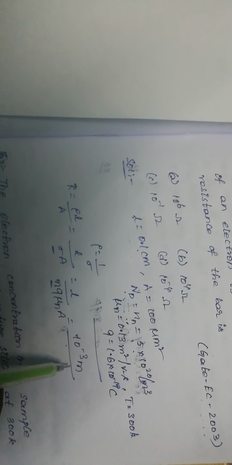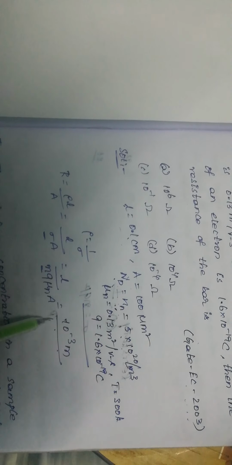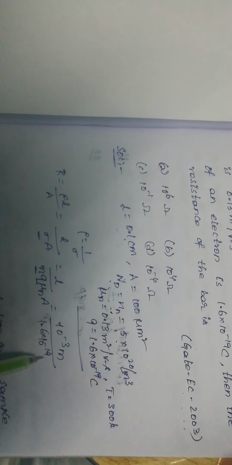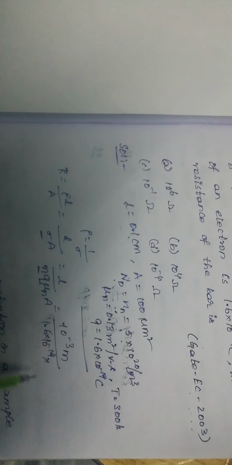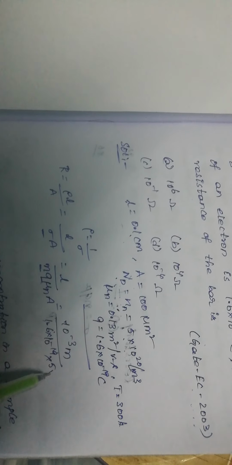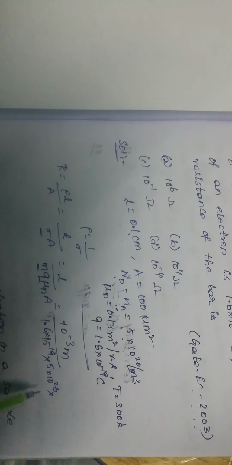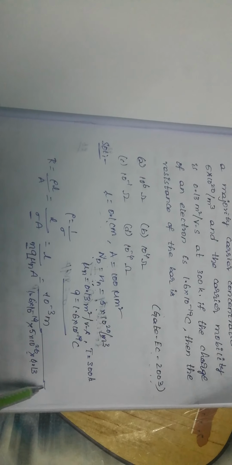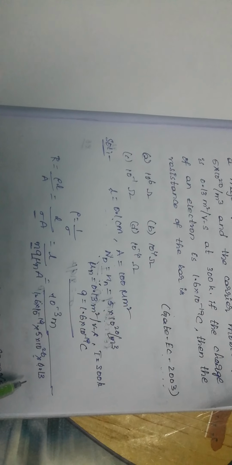Similarly, the charge of the electron is 1.6 into 10 power minus 19 coulombs, and the value of n is 5 into 10 power 20, and the mobility value is given as 0.13. So we substitute these values, and the remaining thing is the cross sectional area.